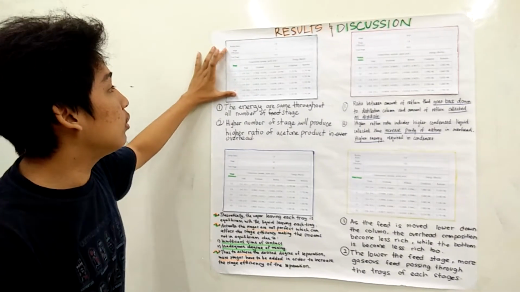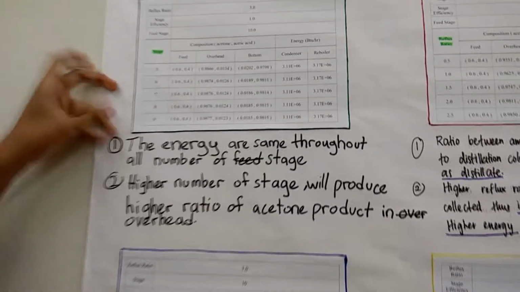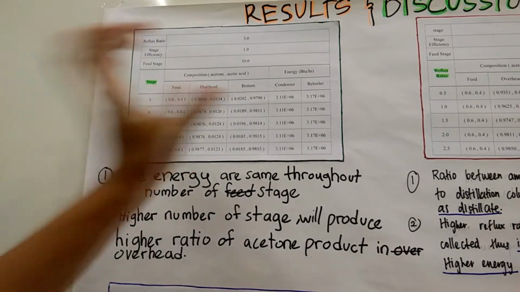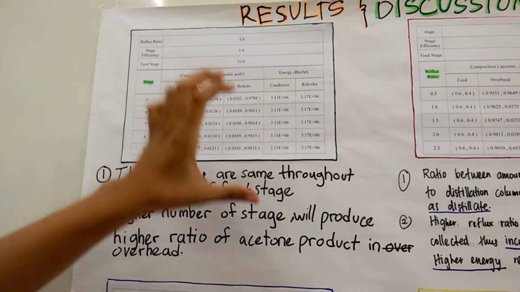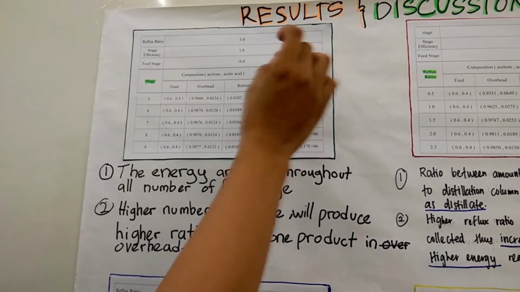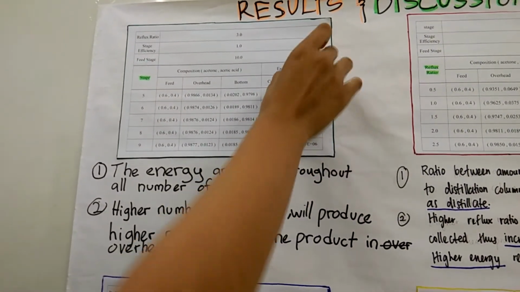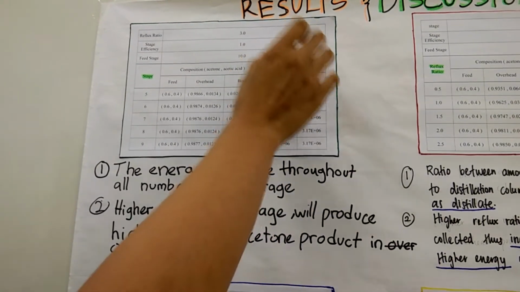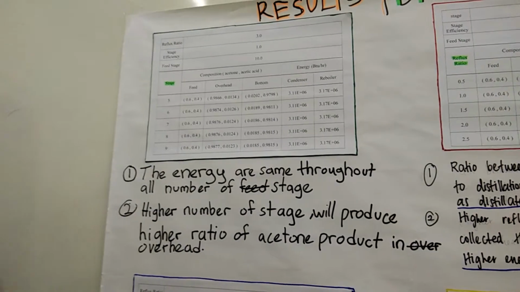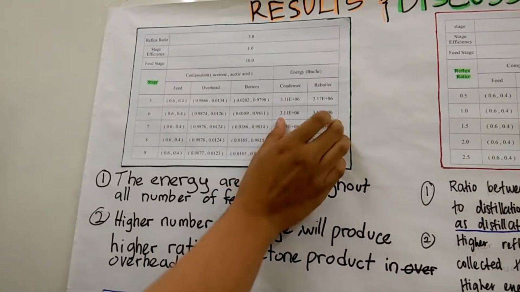For my part, we changed the number of stages in the distillation column, and now I will tell you about the energy produced from the distillation column. For each value of stage that we changed, the energy value remained constant, meaning that the number of stages will not affect the amount of energy produced from the distillation column.